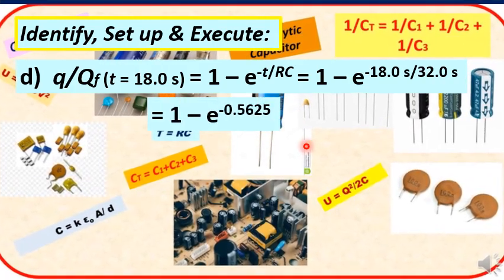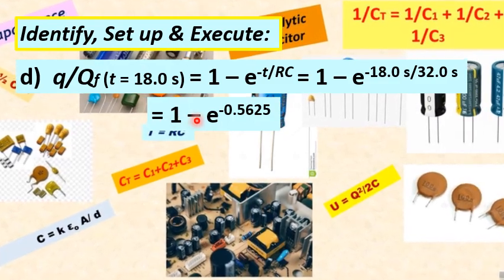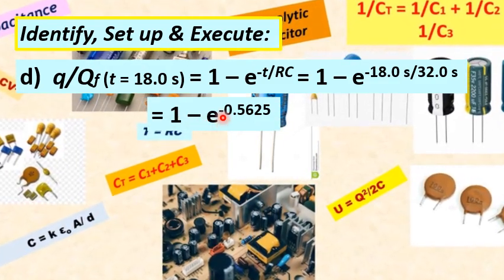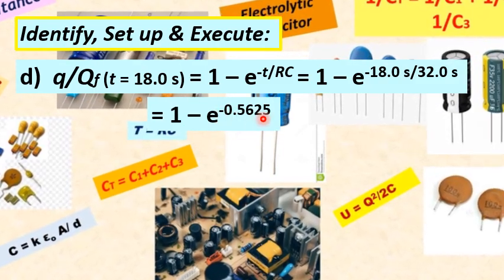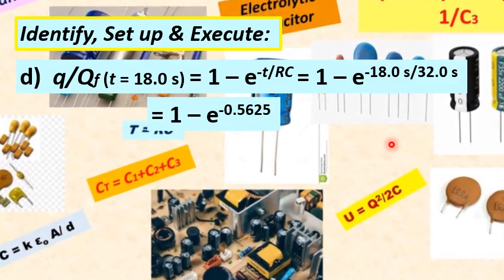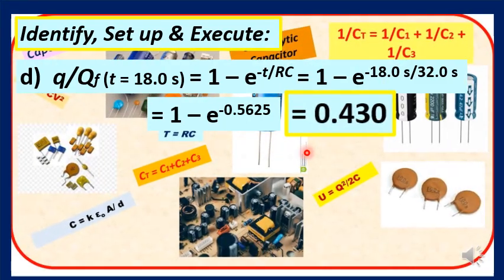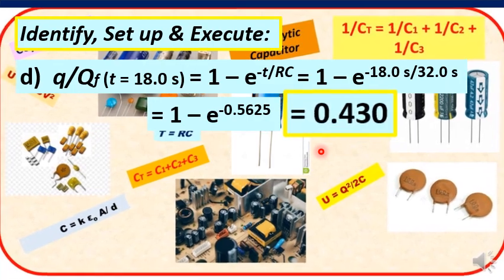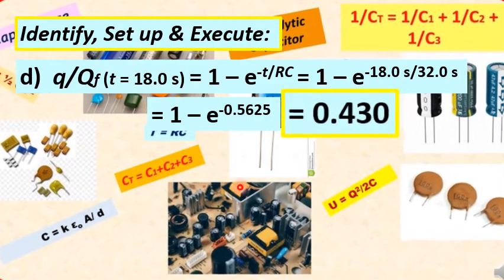So simplifying, that becomes 1 minus Euler's number raised to the negative 0.5625, or doing our math, we get the ratio small letter q over big Q equal to 0.430.